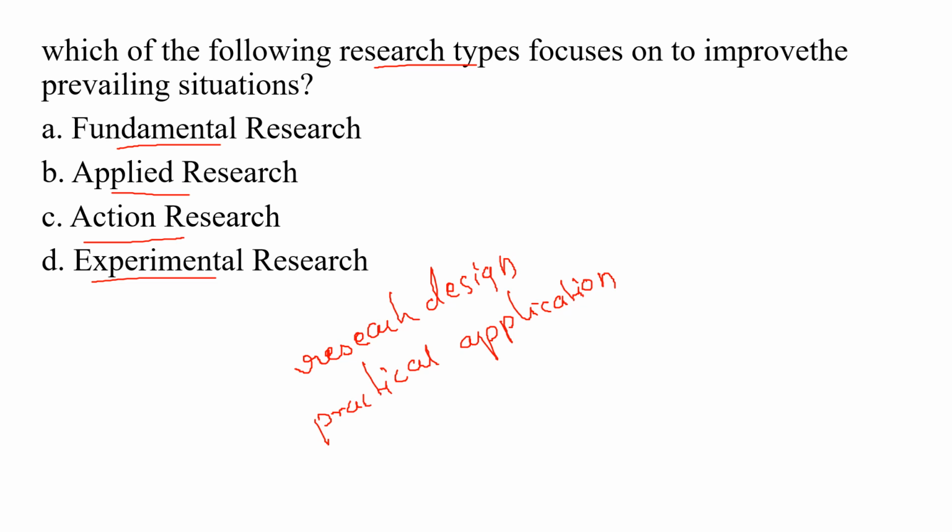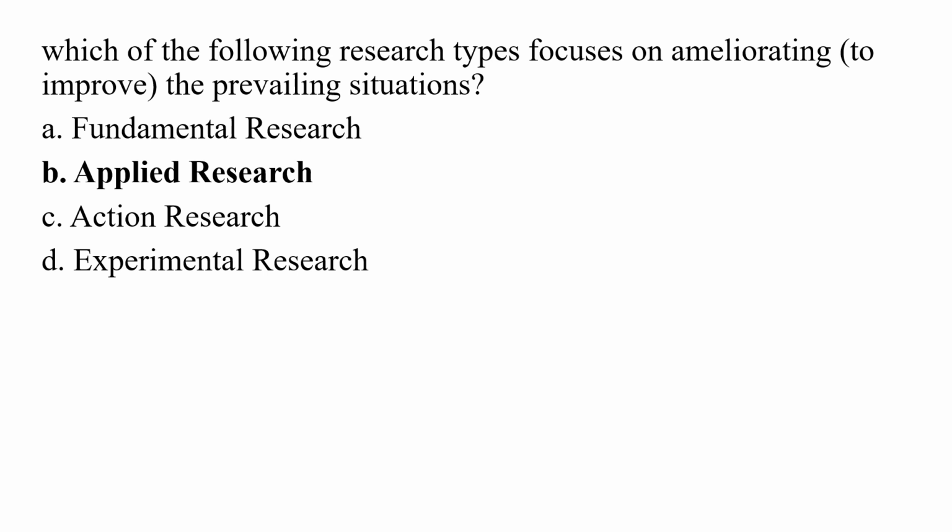Okay. In many cases, the research approach employs the empirical method in order to solve the practical problem. So here the correct answer for this question is option number B. Applied research focuses on improving the prevailing situation.